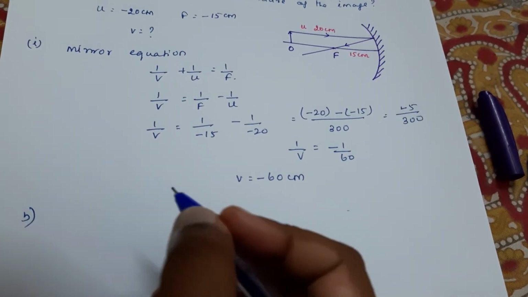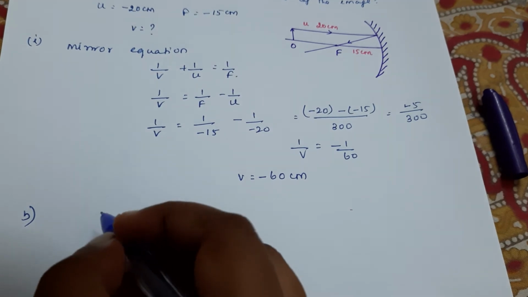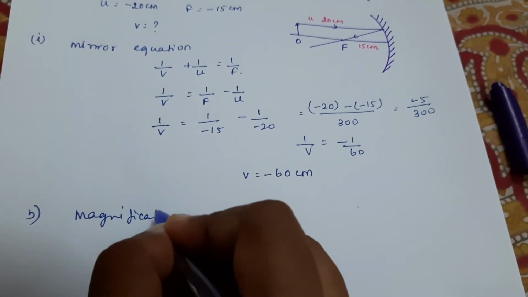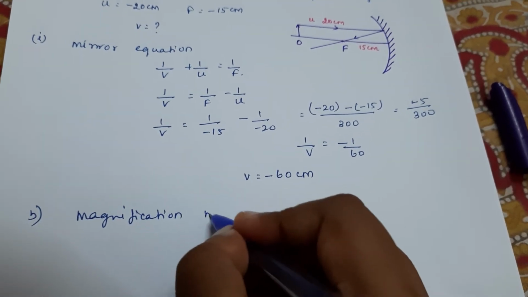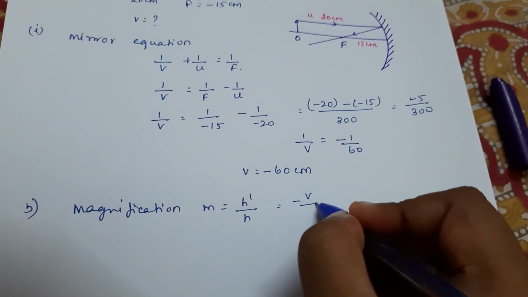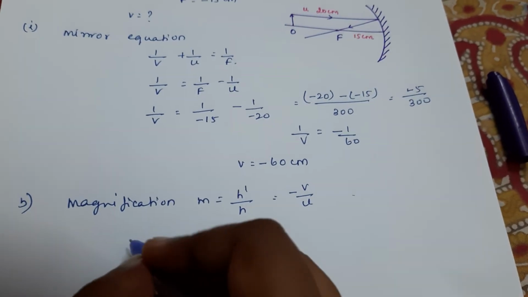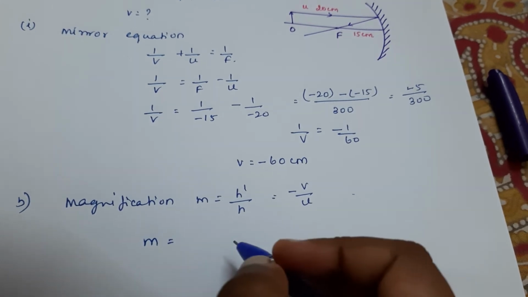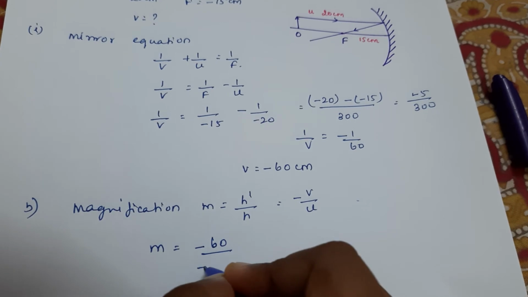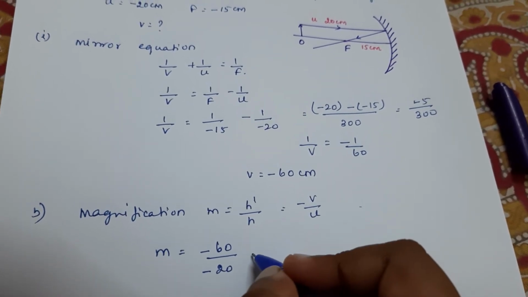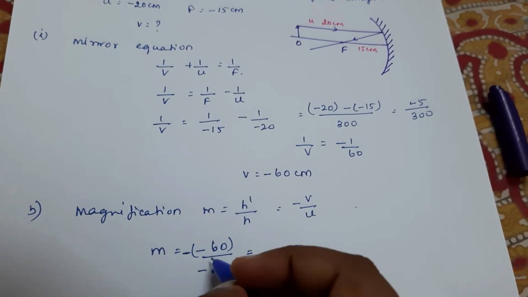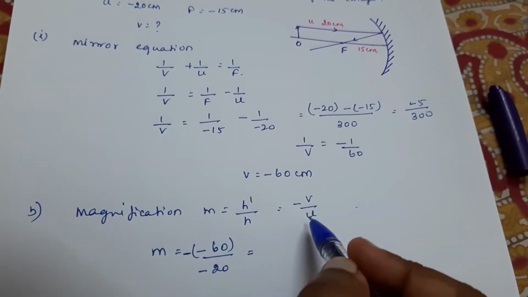Now, we have to find out the nature of the image. For that we are going to find the magnification. Magnification M is equal to H dash by H, which is nothing but minus V by U. So we can write M is equal to minus V by U, where V is minus 60 and U is minus 20.